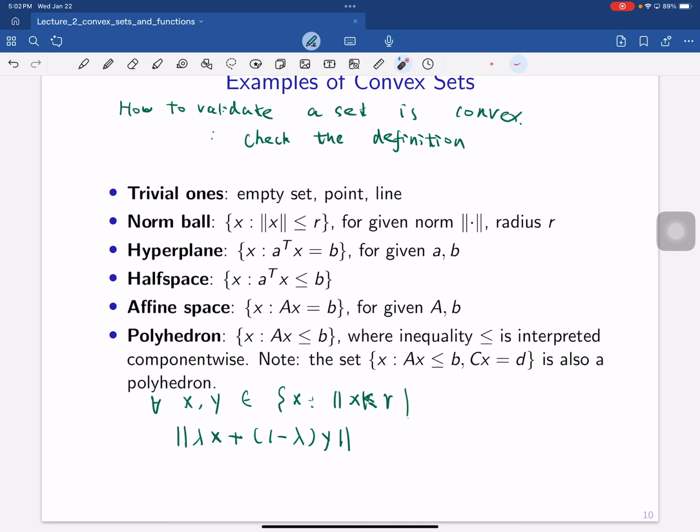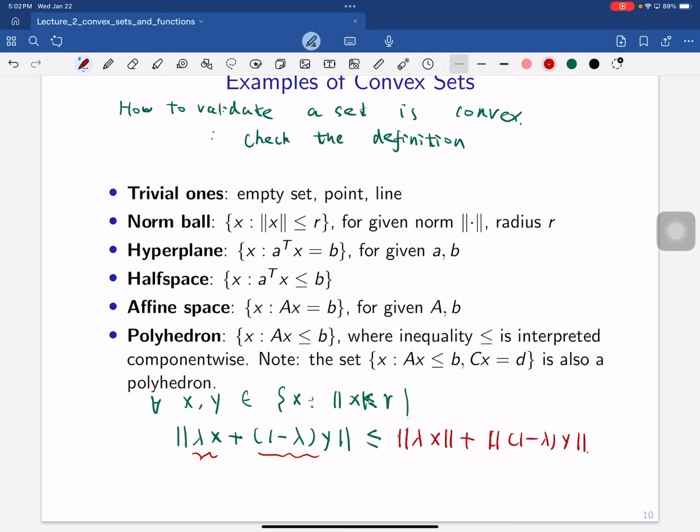If this is also less than or equal to r, then we know this convex combination of 2 points is also in the set. So we would use the triangle inequality, as you said. By the triangle inequality, we can treat these two as two separate vectors, so it is less than or equal to the norm of lambda x plus the norm of (1 minus lambda) y.